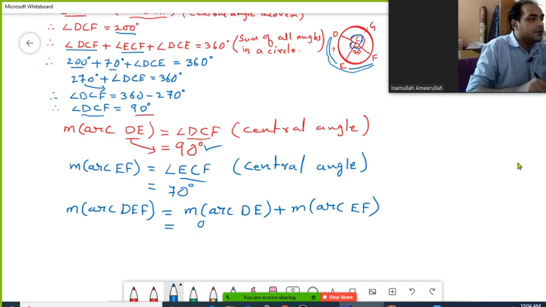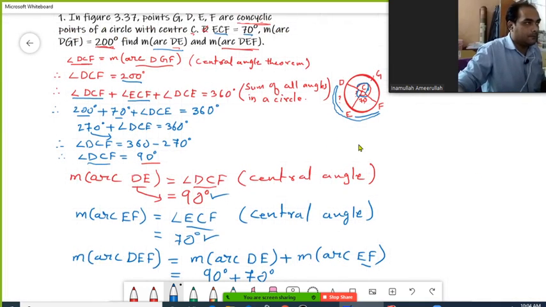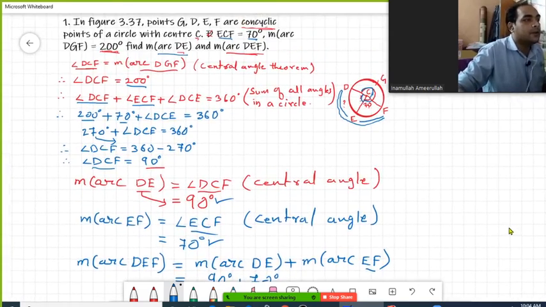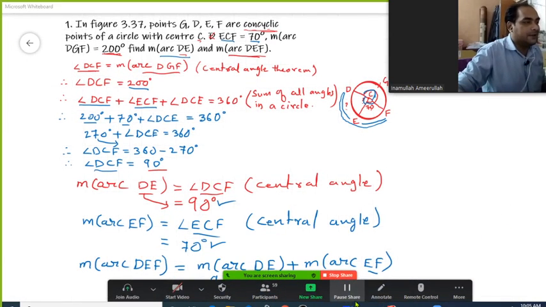So here I'll take 90 degree, and this EF is 70 degree. So plus 70 degree. So 90 plus 70 is 160 degree. So this way we can find out both the arc DE is 90 and DEF is 160 degree. And this is your solution for this question number 1. Hope it is clear to everybody.